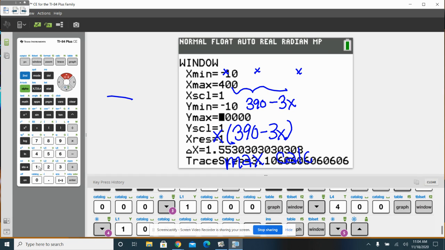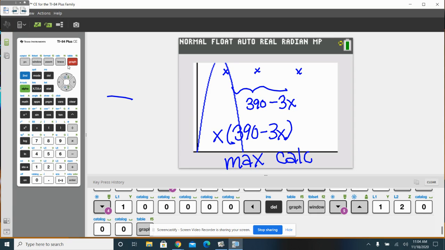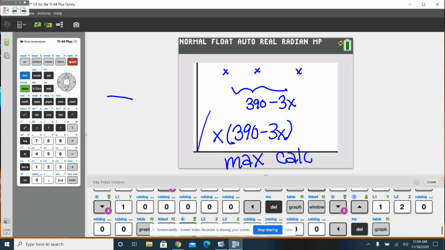I'll try 12,000. A little higher still. Now let's go to 22. So many zeros. There we go.